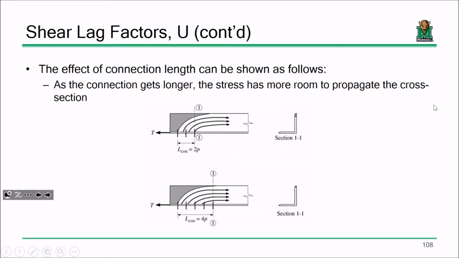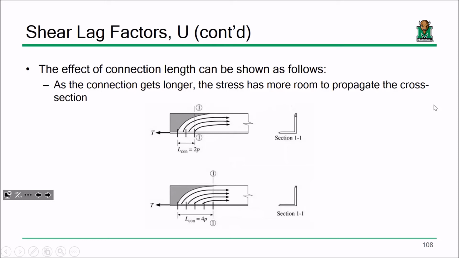Here's the length. The length is literally the distance from out to out of your bolts. So from the outermost bolt on the left to the outermost bolt on the right, whatever that length is, that's your connection length. And the idea is that the longer that connection length is, the more room those stresses have to permeate throughout the cross-section.